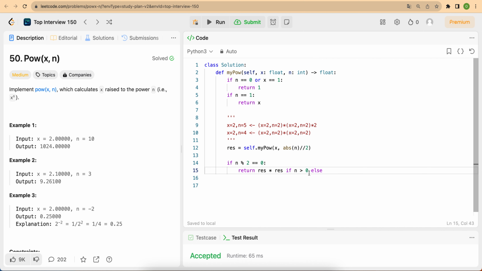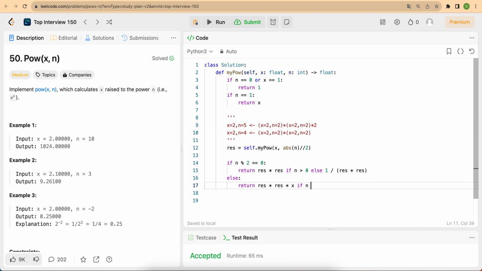But if n is a negative number, we will get the final result by doing this calculation, right? Yeah, I hope you can understand. So if our n is an odd number, we can return our result by doing this. Just like this one, we need to multiply it by an extra x.